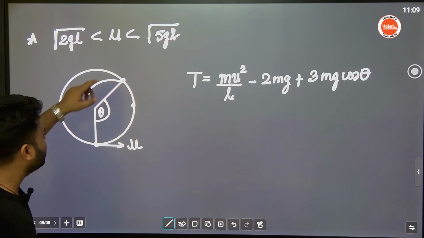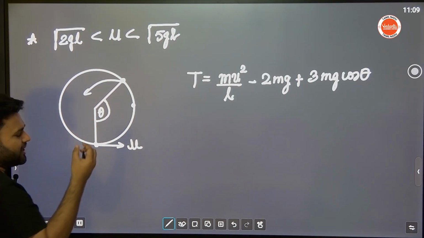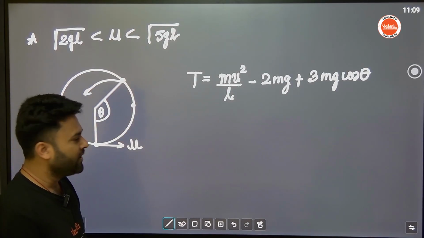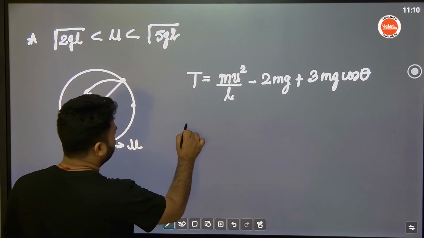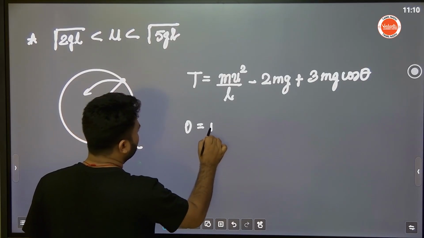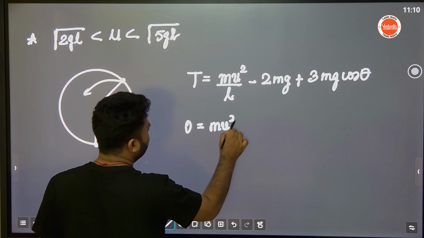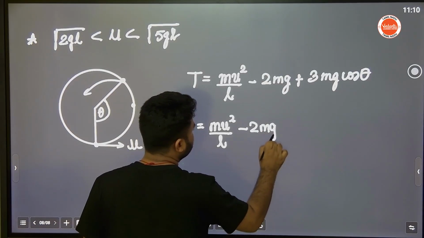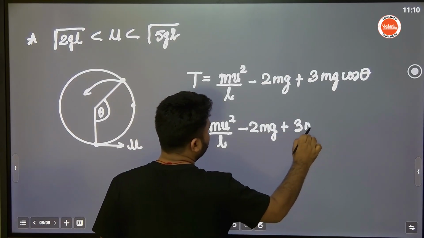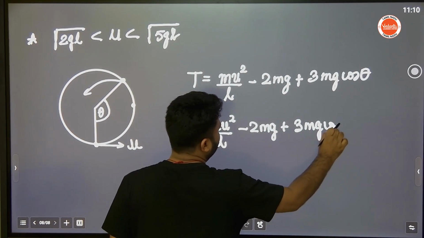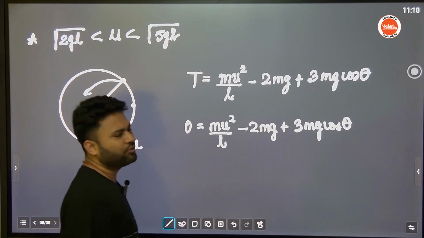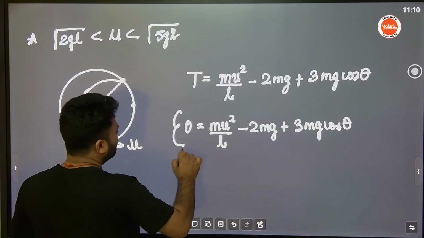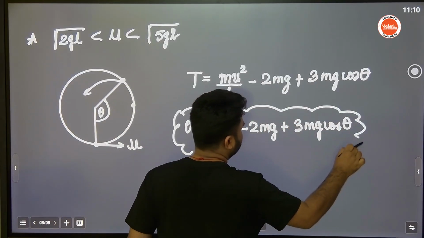You know that at this point the string becomes loose, the ball falls down. So here tension has become 0, so put 0. So 0 equals mv square by L minus 2 mg plus 3 mg cos theta. You can put the values and get the answer. They will give the values, mass is this, speed is this. So you have to understand this.